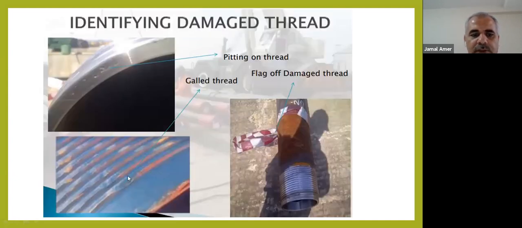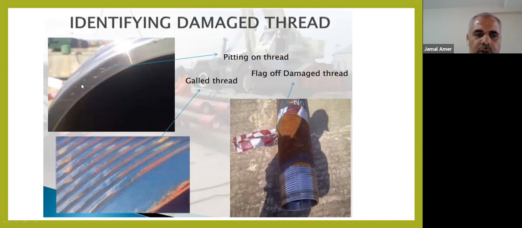Here we have some failures of threads. Here we have galled thread, so we put a flag here. This means damage. Here we have some corrosion, internal corrosion or pitting, as we call it.